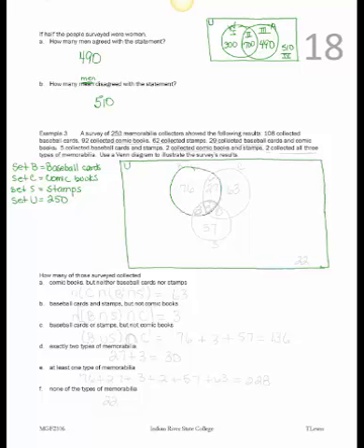So our first circle we'll call B for baseball cards. We know that it's going to intersect. We're going to call the second one C for comic books. And then our third one, we'll call that S for stamps.